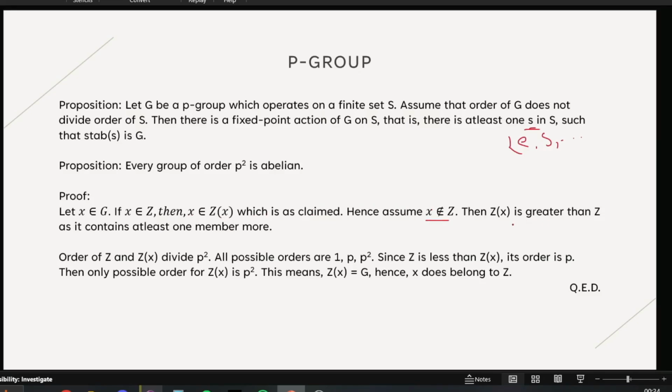There is a difference between both, so keep that in mind. If we take the centralizer of x, then the centralizer will be strictly greater than the center of the group, because the centralizer will at least have the whole center along with x. The centralizer Zx will have at least the entire Z plus x.